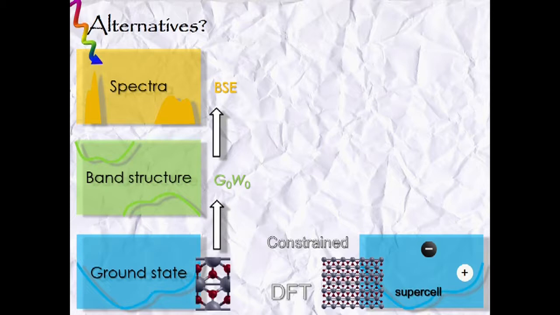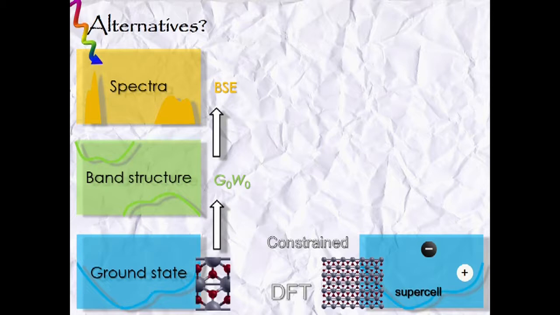This leaves a core hole. But then we need to put this electron somewhere because our system has to be neutral. So we put it into the conduction bands, and then we perform a density functional theory calculation with this electron and hole built in. That way we burn this electron-hole pair into the system in a self-consistent DFT calculation.